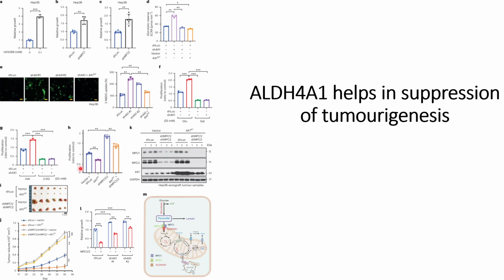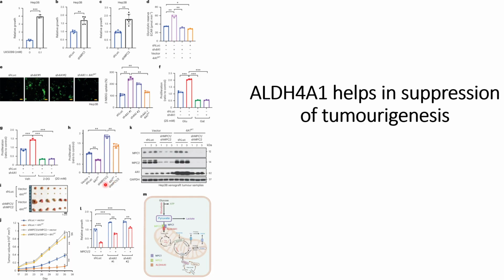And further they check the effect if they knock down any one component of the trimeric complex, that is ALDH4A1 or MPC1 or MPC2. They see that when they overexpress wild type ALDH4A1, there is a decrease in proliferation, but when they knock down either MPC1 or MPC2, they see an increase in proliferation.